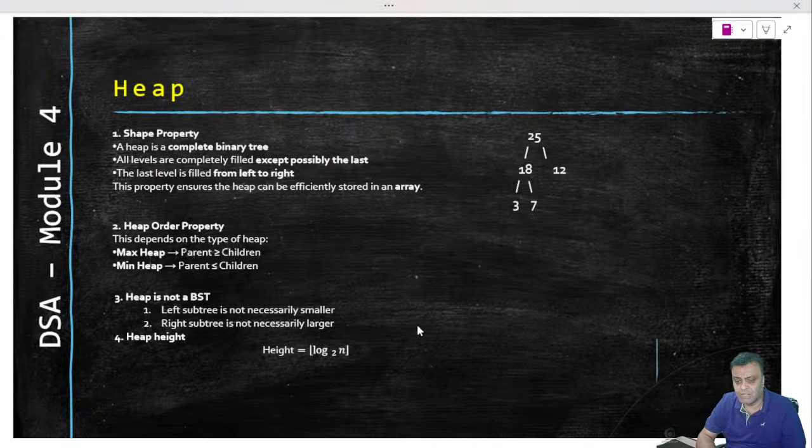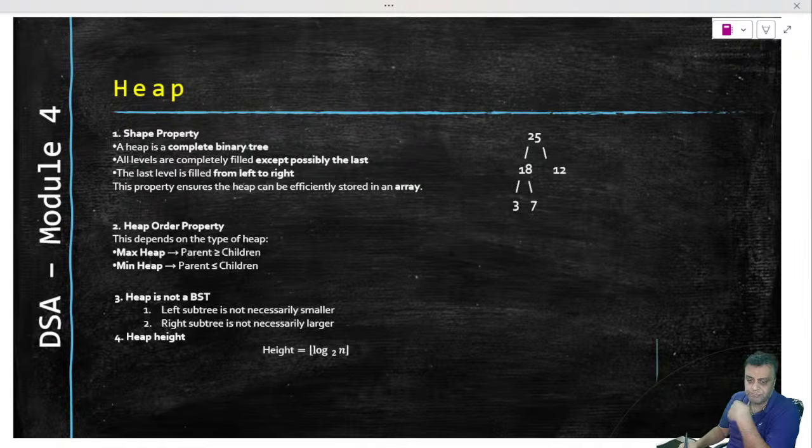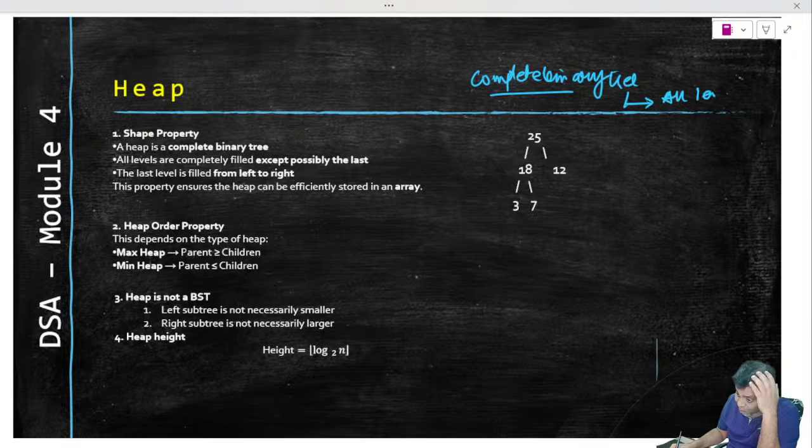Some of it I am going to cover just to explain heap sort again. So what you need to understand is, what is a heap? It is a complete binary tree. A complete binary tree first of all means that it should have all levels filled up except for the last level.